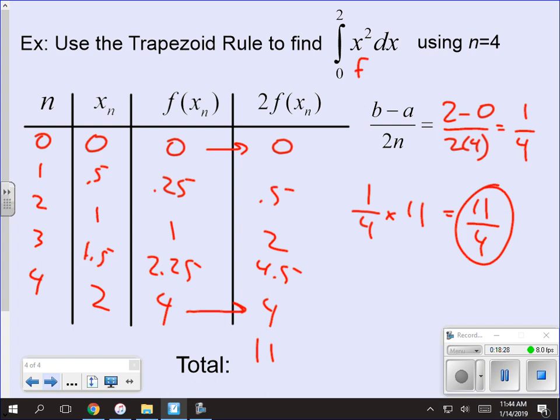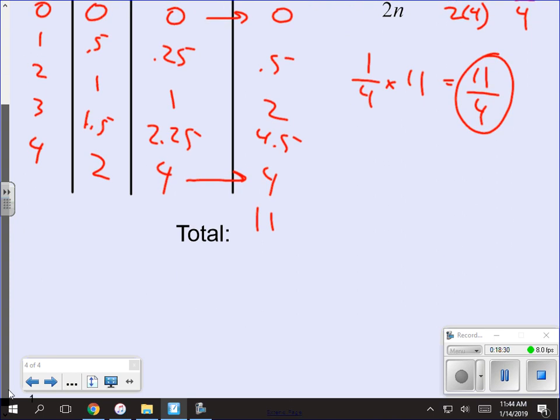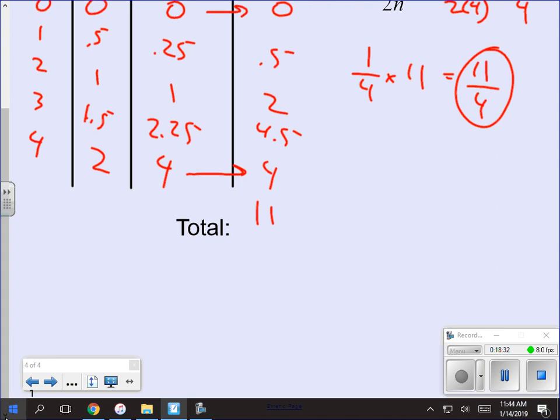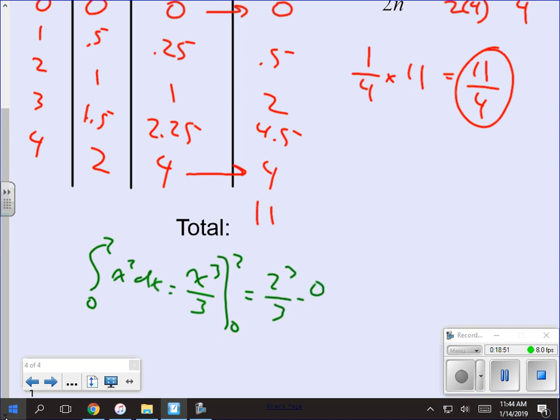Now, how accurate is that? Well, if we do the integral from 0 to 2 of x squared dx, that is x cubed over 3, evaluated from 0 to 2. So it's 2 cubed over 3 minus 0.